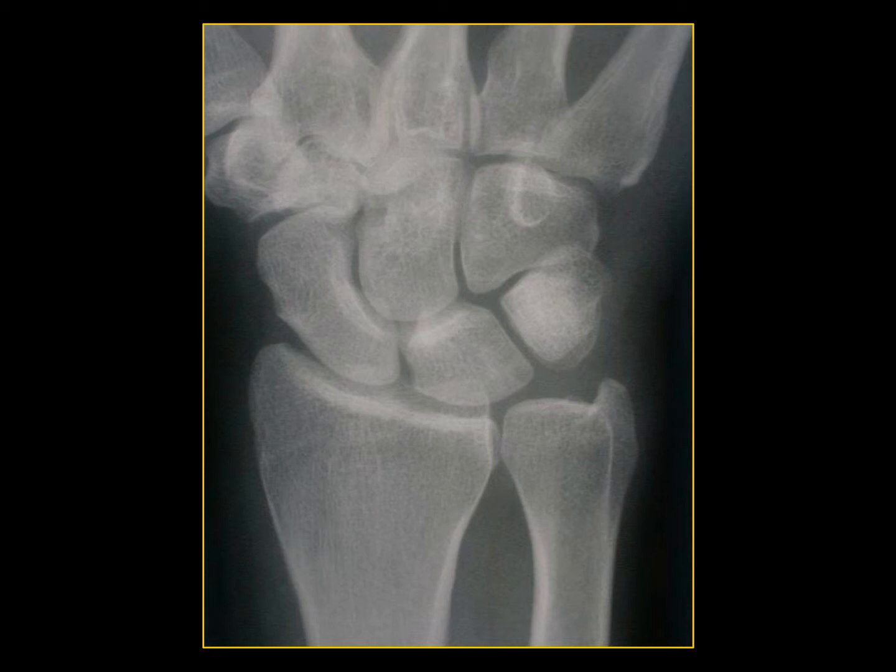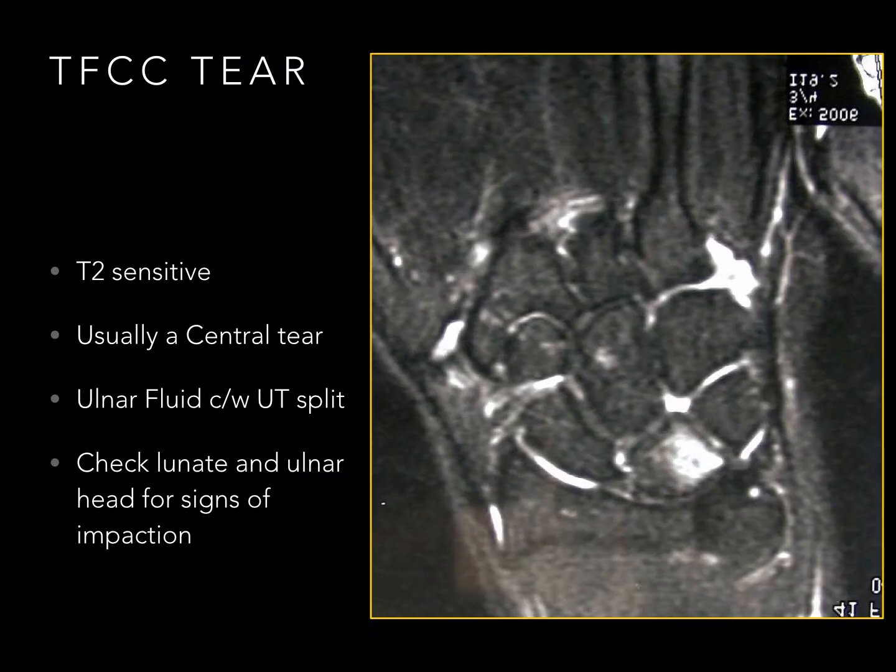So this is a case, patient is ulnar positive, complained of ulnar-sided wrist pain, had this little cyst in the lunate, and the MRI showed a blush in the lunate consistent with ulnocarpal impaction, and then also a concomitant TFCC tear. Usually the tears are central, they're degenerative, but they can avulse off of one of the origins or insertions.